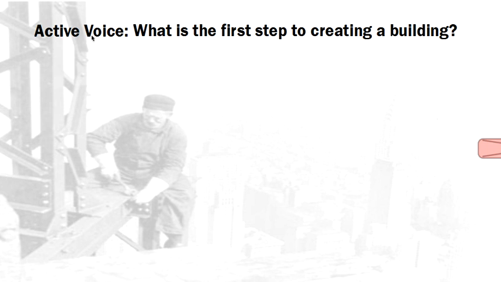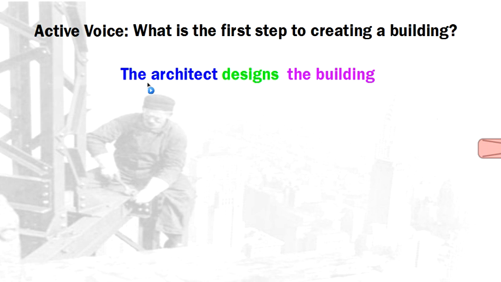So, in the active voice, what is the first step to creating a building? The process of creating a building, what's the first thing that we do? Well, the architect designs the building, right? Now this is the active voice because I use the doer first, because the architect is the person or the thing in the sentence doing the verb, and designs is my verb.